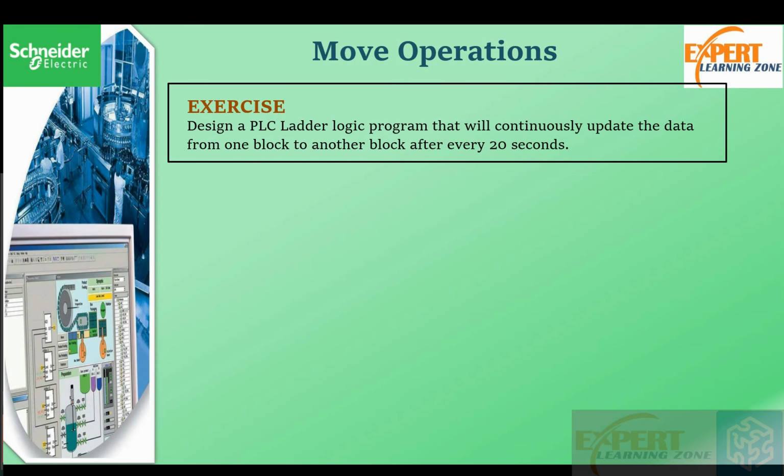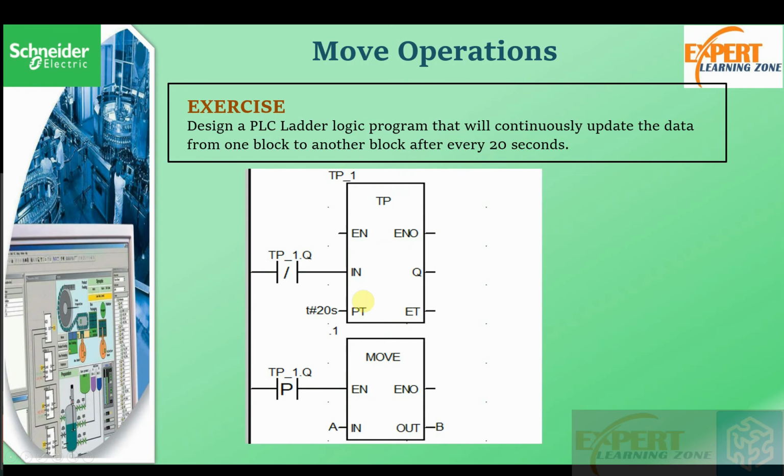All right, welcome back. So this is the exercise. I'm just using a pulse timer to constantly move A to B after 20 seconds. You can see that when this timer is started, it goes high, the pulse timer counts 20 seconds.